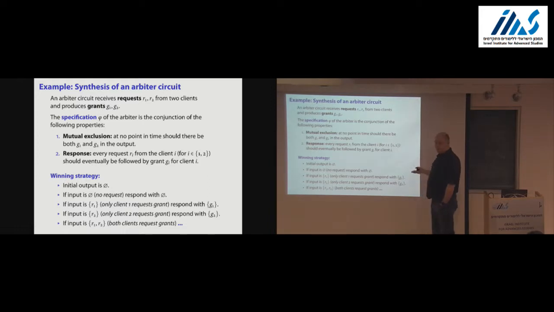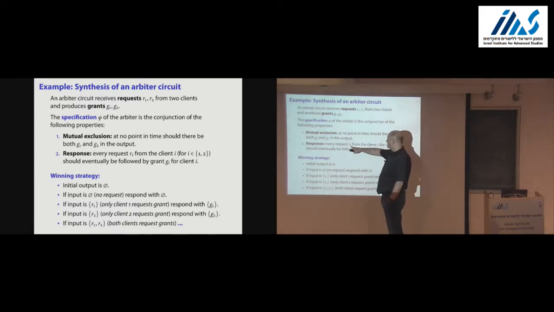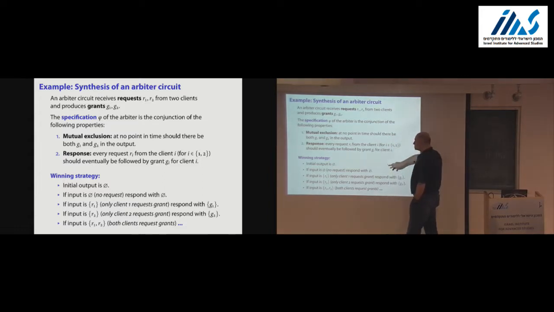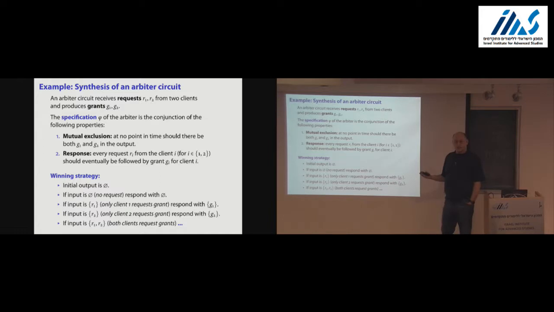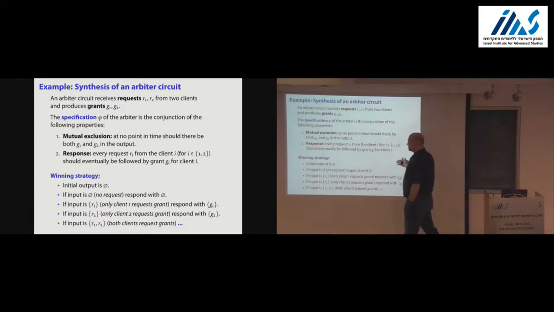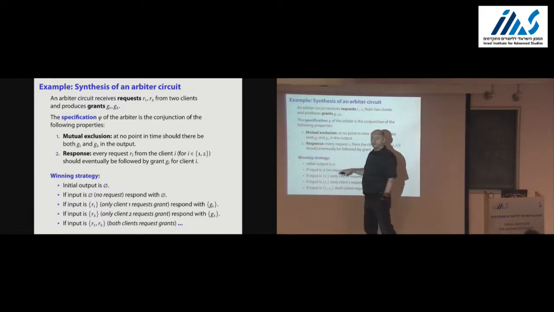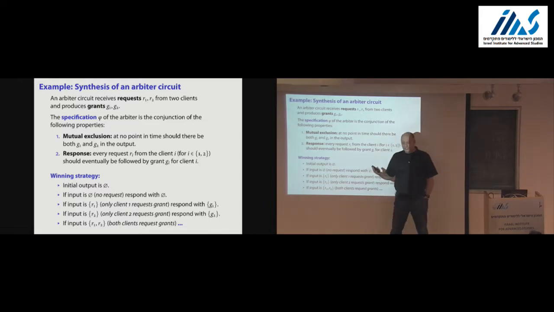And at the same time, we want the arbiter to be useful. So every request Ri from some client i should eventually be followed by grant Gi. So obviously there is a winning strategy to this. Initially, before we have a request, we would not issue any grant.